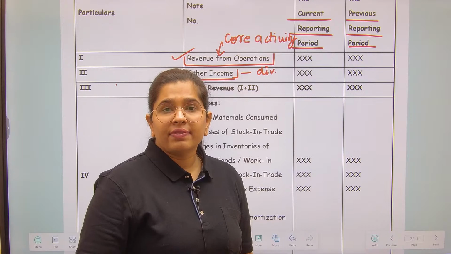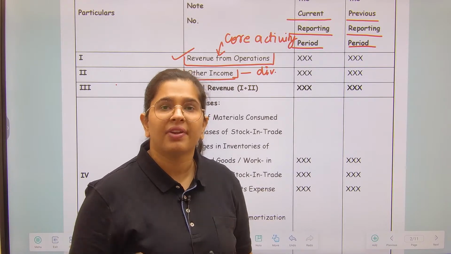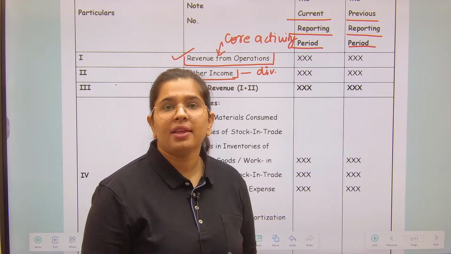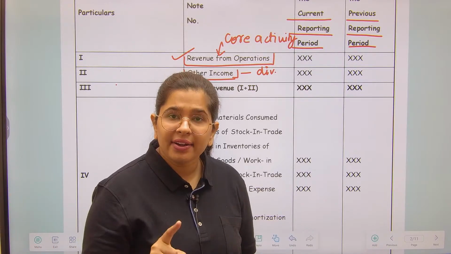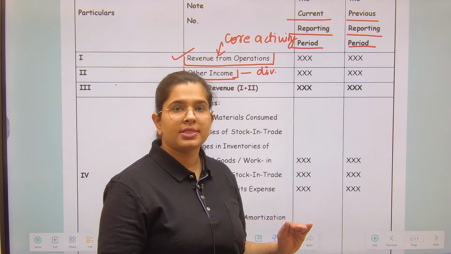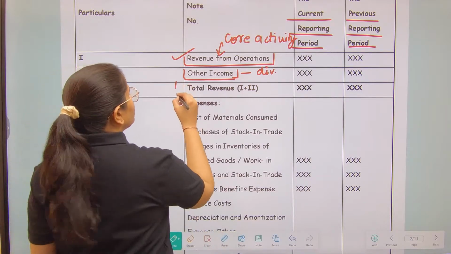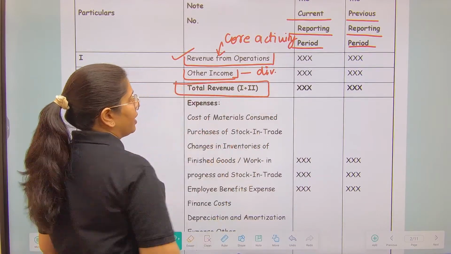Suppose you have given some amount as a loan to your friend and your friend is paying you interest. That interest is your other income. So this is the concept. We have covered the revenue part. This totals to total revenue.